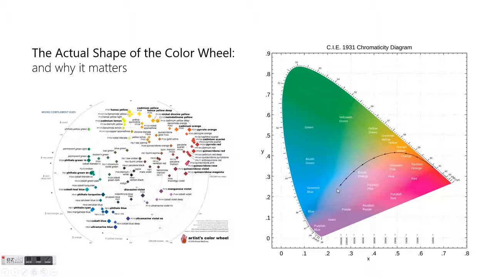And when you look at the chromaticity chart, it also starts to make clear that there are certain things that don't make sense in a normal color wheel that start to make sense here, such as the fact that there is so much more room in the greens, right? If you were to just sit in a quiet room and imagine all the different possible greens, you would quickly realize that there's way more variety in the color green than there is in, let's say, the color orange.